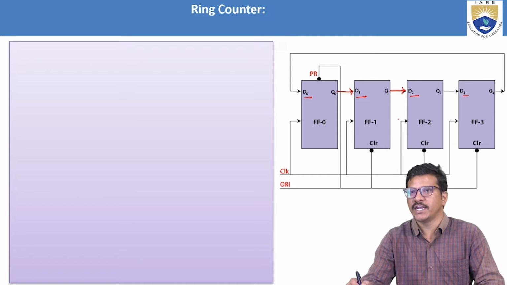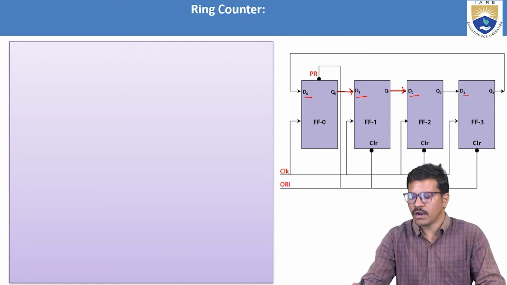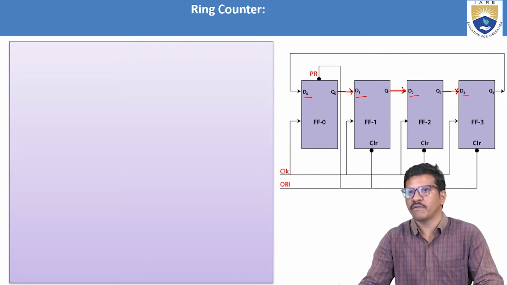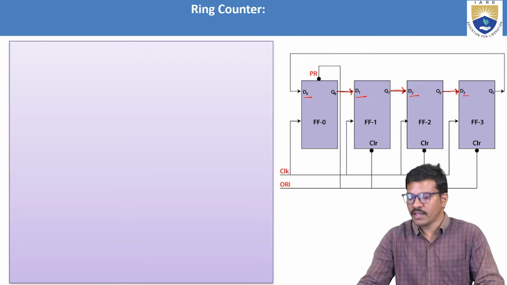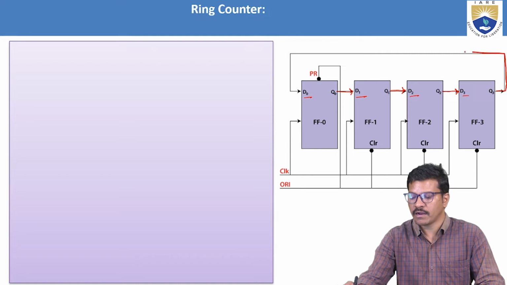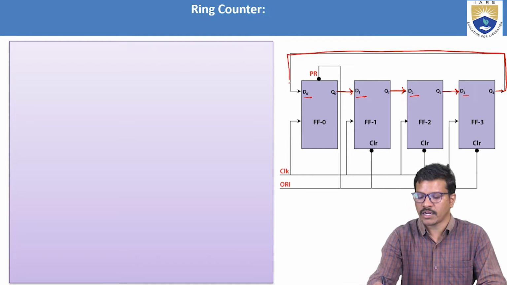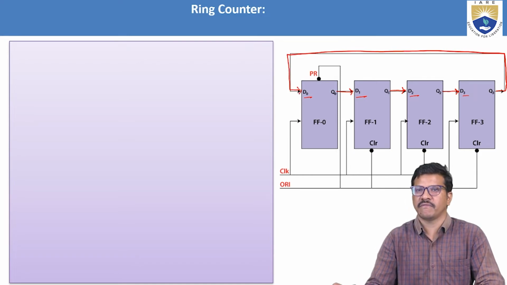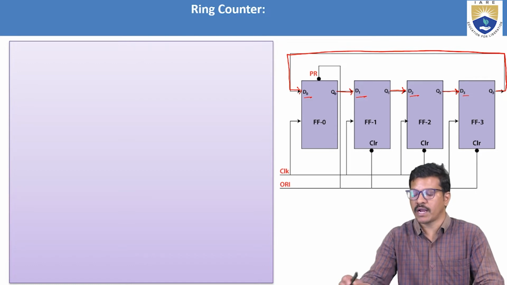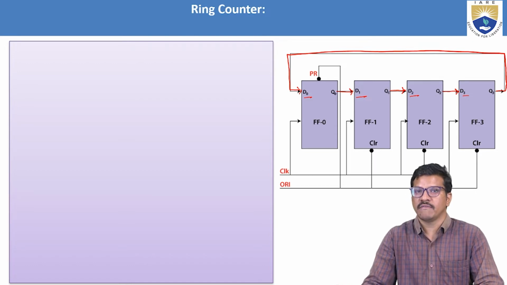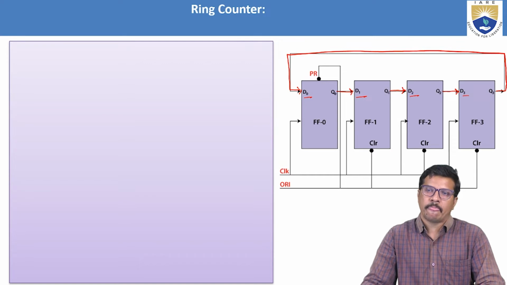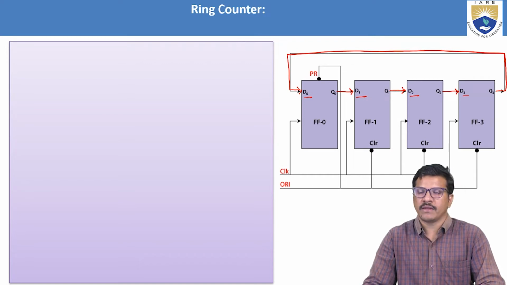The third flip-flop output Q2 is connected to the fourth flip-flop input D3. And the last flip-flop output is fed back and connected to the input of the first flip-flop. So Q3 is connected back to the input of the first flip-flop, which we can call D0.